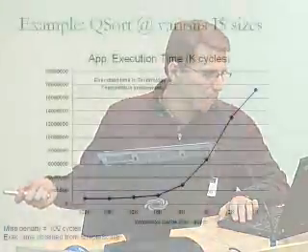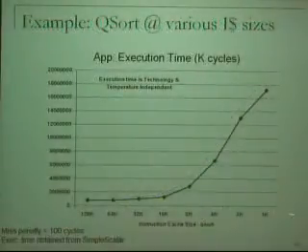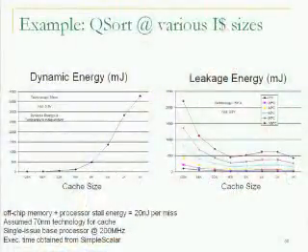I have shown already that dynamic energy is reducing with technology and static energy is increasing, and also the dependence of leakage on temperature. So here, in the case of quicksort, with reduction in cache size, you get a much higher number of cycles for executing the application.